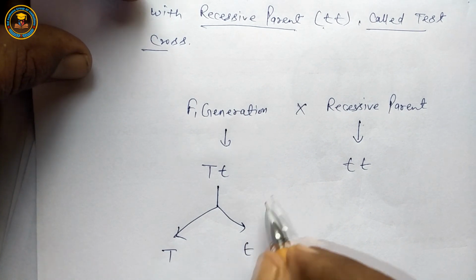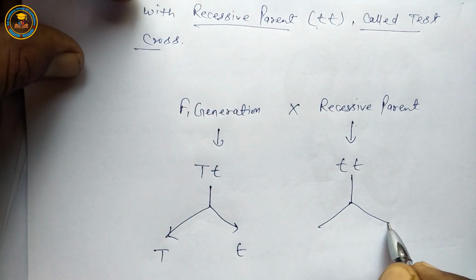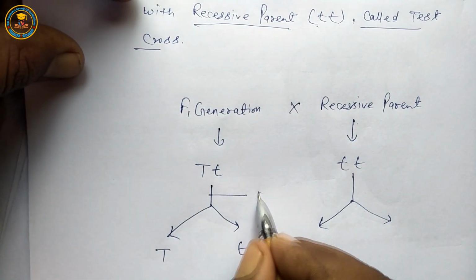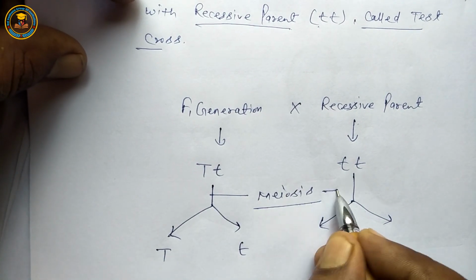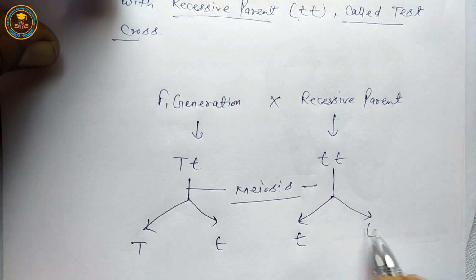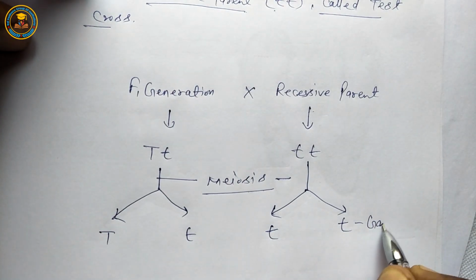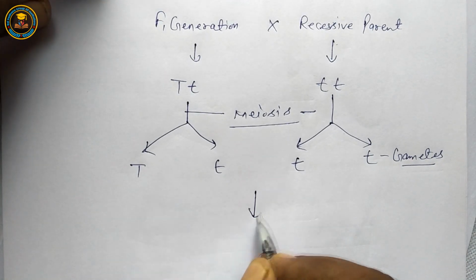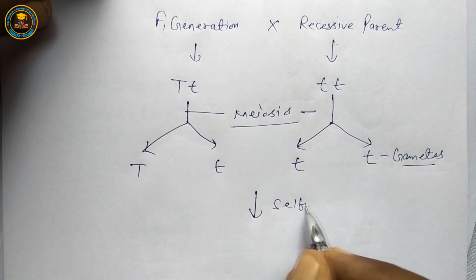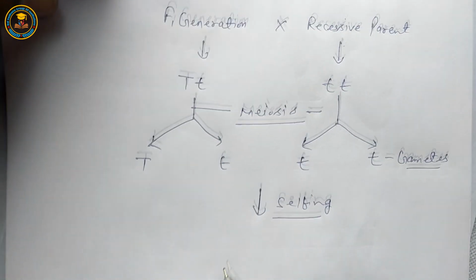Next process is meiosis. Meiosis is a type of division that forms and develops gametes. Next process is selfing.